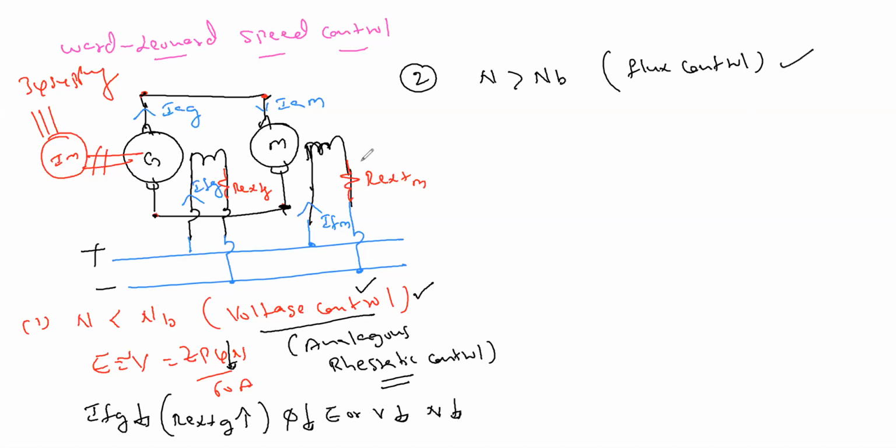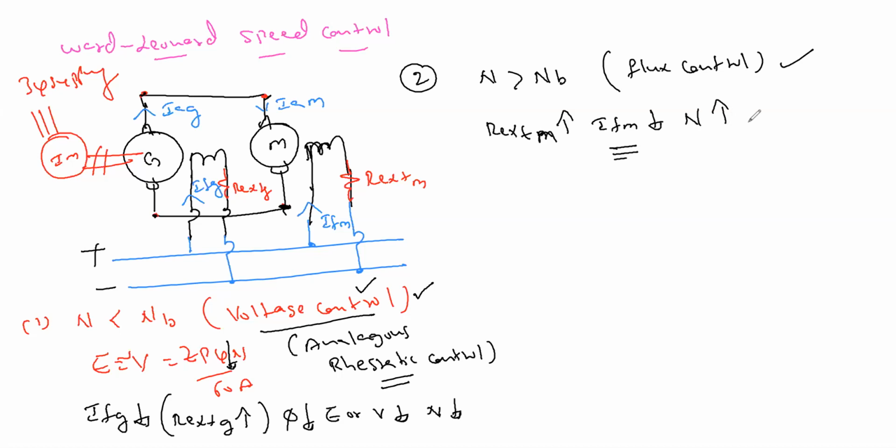दूसरा क्या है? Flux control. What are we doing here now? Excitation of motor. R external of motor increase करो, ताकि field current IFM is decreased and the speed of the motor is increased. So by decreasing the excitation of motor, speed can be increased. Mention that point.